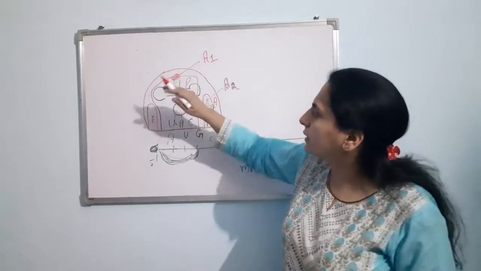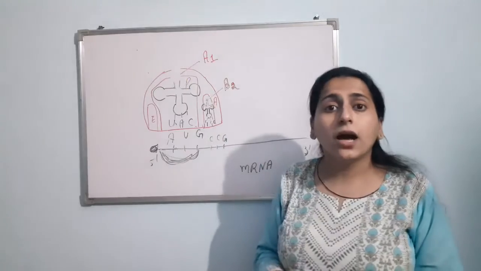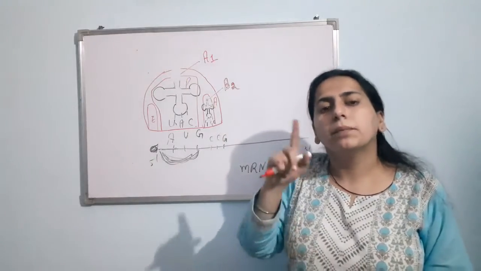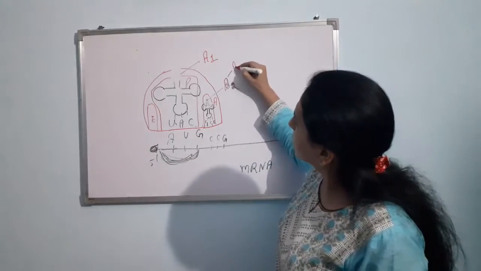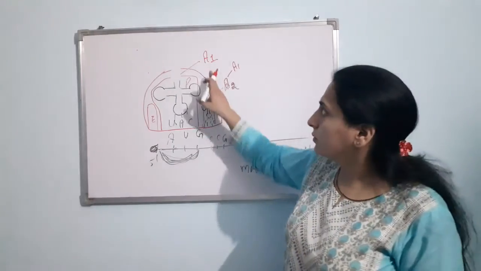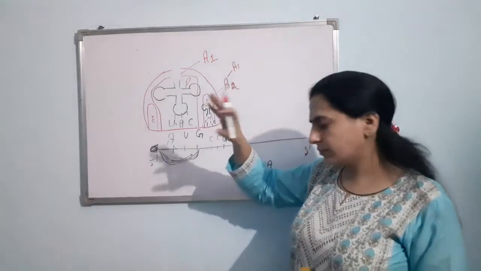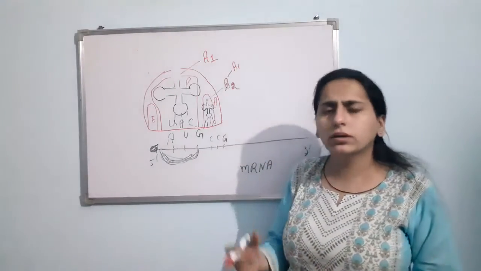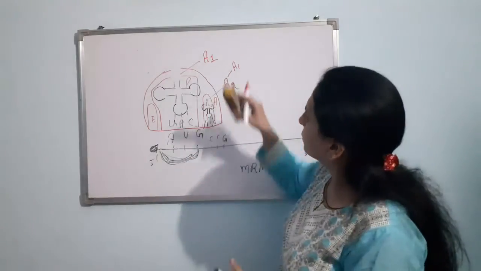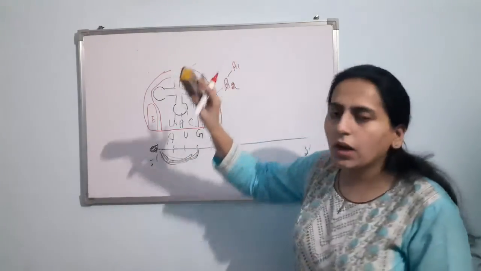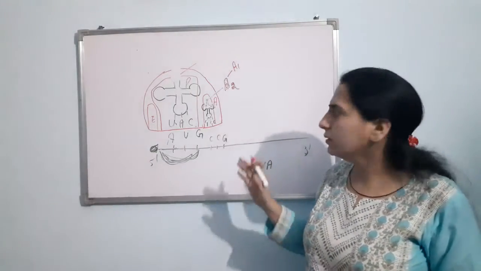Okay, it will get detached. And now it will come and make a peptide bond with this second amino acid. Am I clear? This amino acid will detach from here and make a peptide bond with the second amino acid.